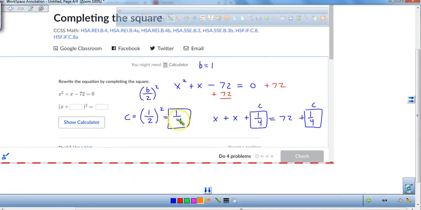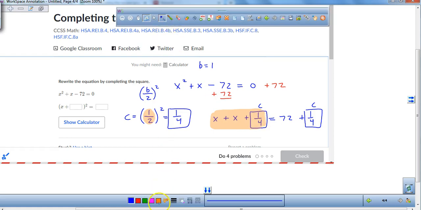All right, our b value is 1. There's half of it right there. So how do I factor this? Right here. What does this become? It becomes x plus a half squared equals 72 and 1/4, because 72 plus a fourth is 72 and 1/4.